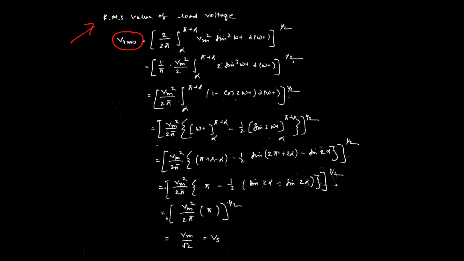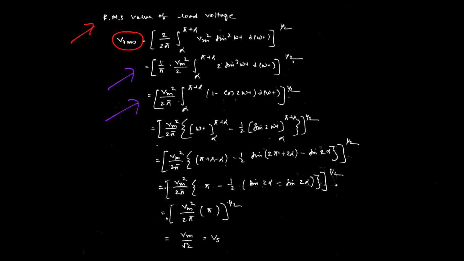First, 1 by pi, Vm square by 2 integration of alpha to pi plus alpha, and we have taken the part that is divided by 2, which is multiplied by 2 in the expression of sine square omega t. That is why we can change sine square omega t to 1 minus cos 2 omega t. So we have Vm square by 2 pi integration of alpha to pi plus alpha 1 minus cos 2 omega t d omega t under root.